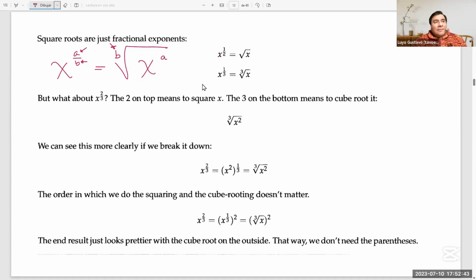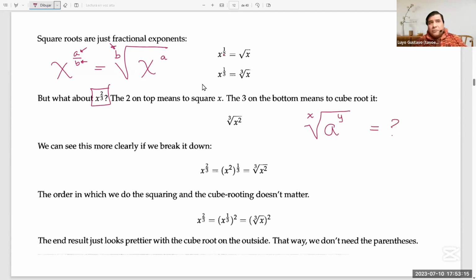So same as I said, x up to 2 over 3, that means the cube root of x squared. So what would be, for example, here? What would it be this as a power with a fractional exponent?